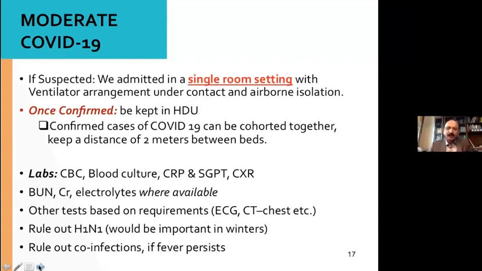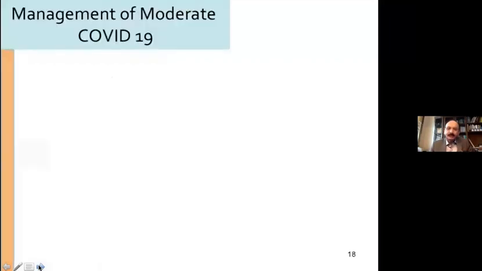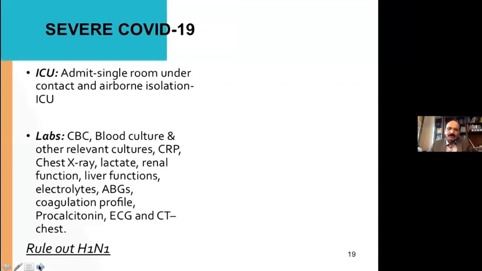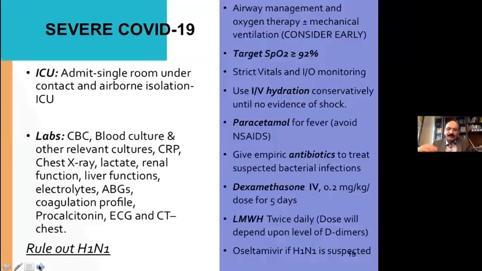But just to give you an idea, if you see a sick child in a moderate illness, they need to be admitted in a hospital. Once they are in the hospital, the pediatrician there would decide when to start steroids, when to give them low molecular weight heparin or any other treatment which is considered a compulsion these days in patients with COVID-19. Of course, if they get very sick, then they are admitted in an ICU setting.